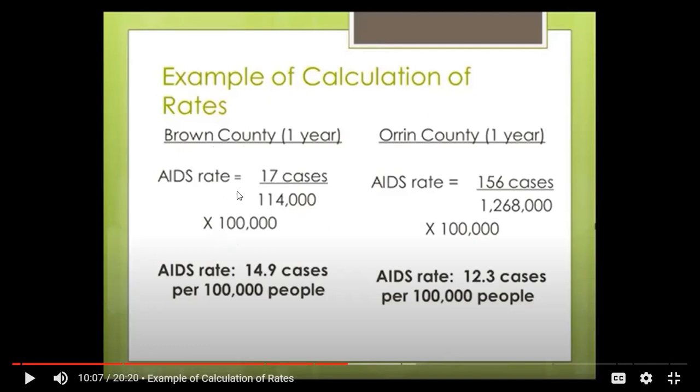Person means total population here, like 100,000 population. So compiling and analyzing data by time, by place, by person is desirable for several reasons. After this calculation, we found the AIDS rate is a little bit higher in Brown County than in Orange County.